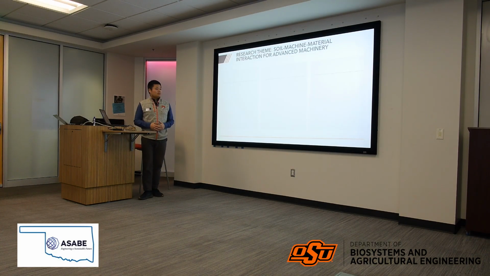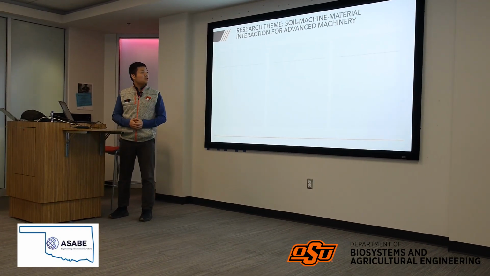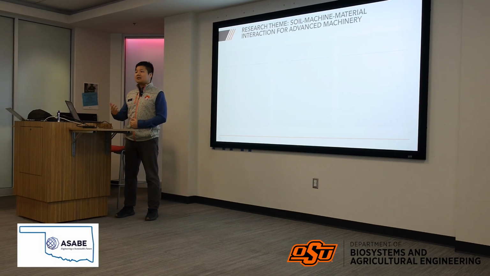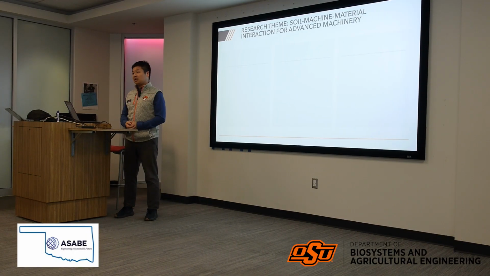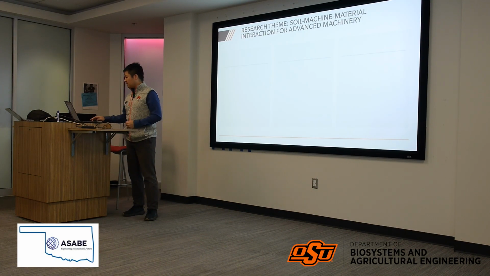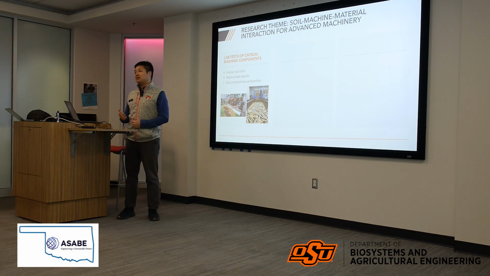So my research program, in a nutshell, is really centered on the interaction between soil, machine, and biomaterials for the purpose of designing and innovating advanced machinery. This ranges anything between tillage to planting to harvesting, post-harvest processing, anything in between, basically. My research utilizes different methods, including lab tests, mainly for critical machinery components.